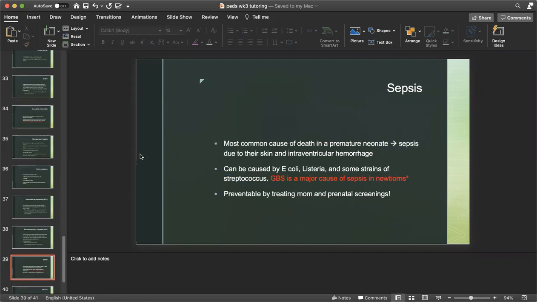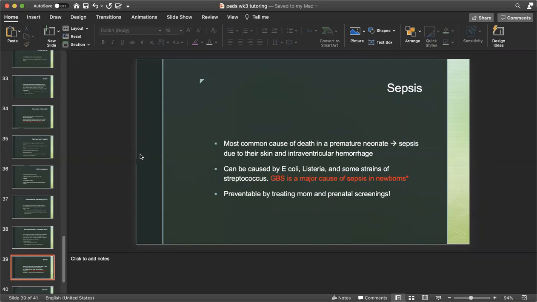Sepsis. Sepsis is one of the biggest causes of neonatal death, especially if they're premature. They could get sepsis because, remember, their skin is super permeable, and they lose body heat super fast. It can be caused by E. coli, Listeria, and some strains of Streptococcus. GBS is a major cause of sepsis in newborns.